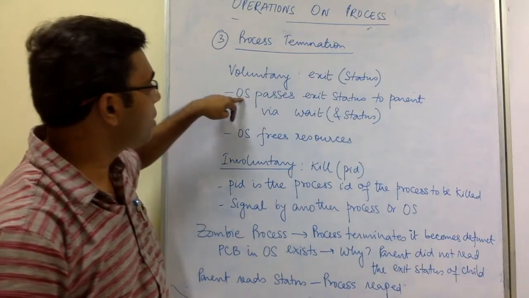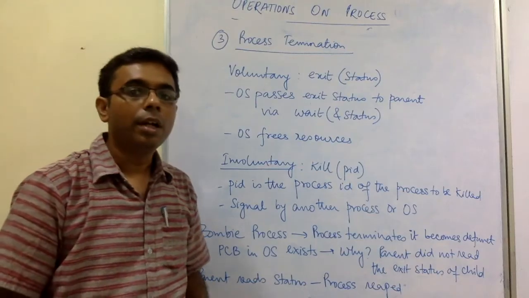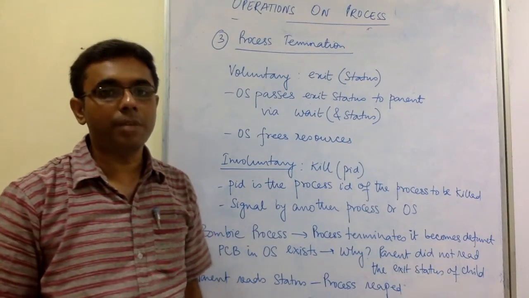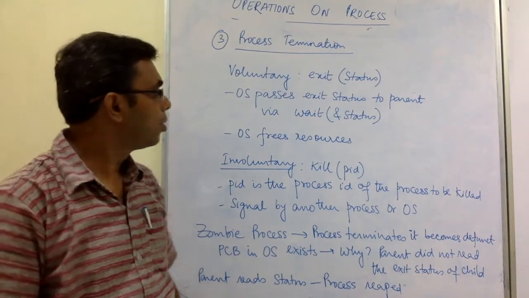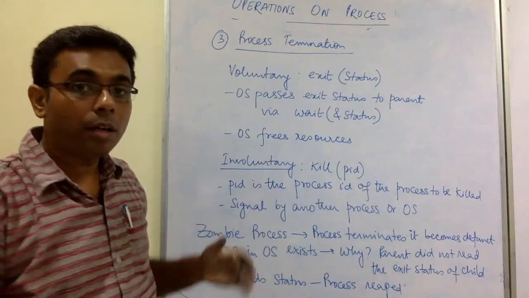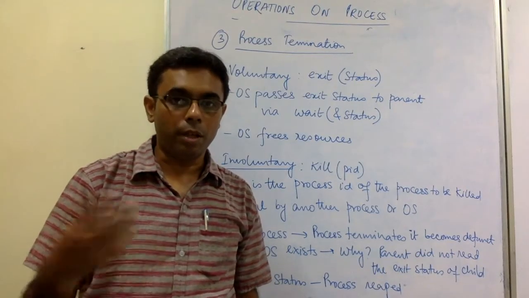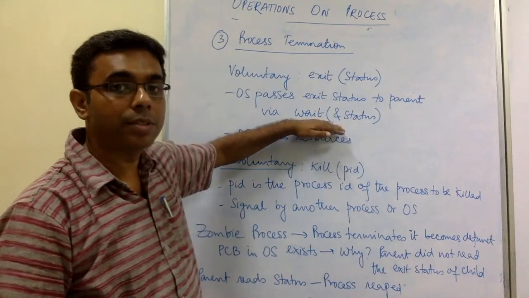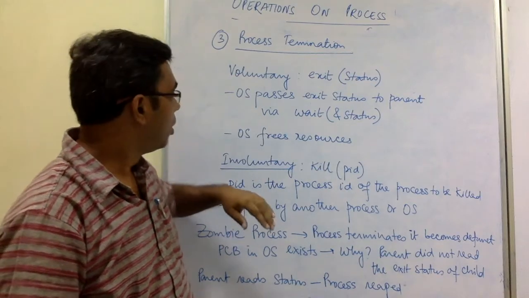So what happens is, if there's a child which has exited, the information that the child has completed its termination is sent to the parent through this exit system call. The parent which was waiting for that particular child information uses the wait system call to read the status of that child.